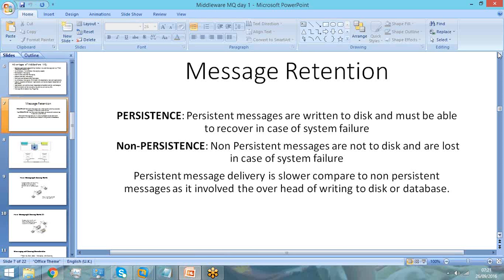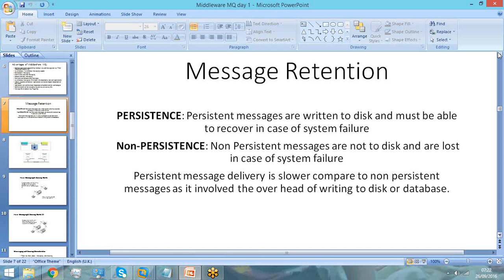What is message retention? So first is a persistent message. What is a persistent message? Persistent messages are messages that at no point of time we can afford to lose. Any application says that I cannot afford this message to be lost at any point of time, this is a very important message to me, I cannot lose this message.